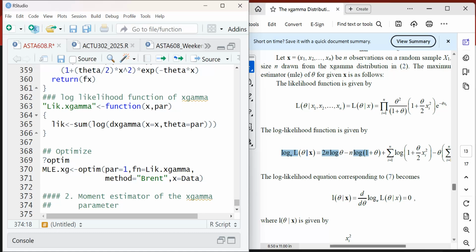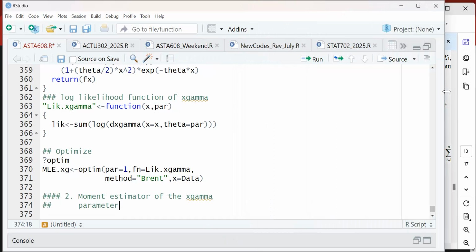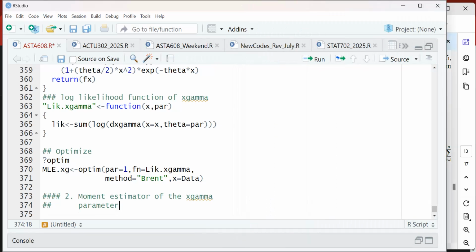Please, can you make it bigger? Okay. And why did you put the dsgamma in quotation marks? So that when you want to call a function within another function, putting quotation marks around the name makes it available in the whole environment.